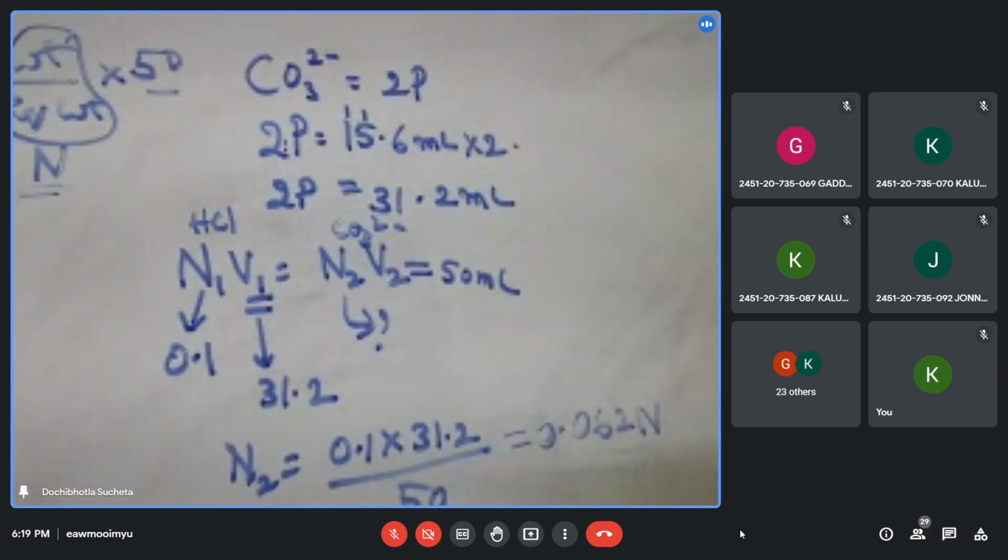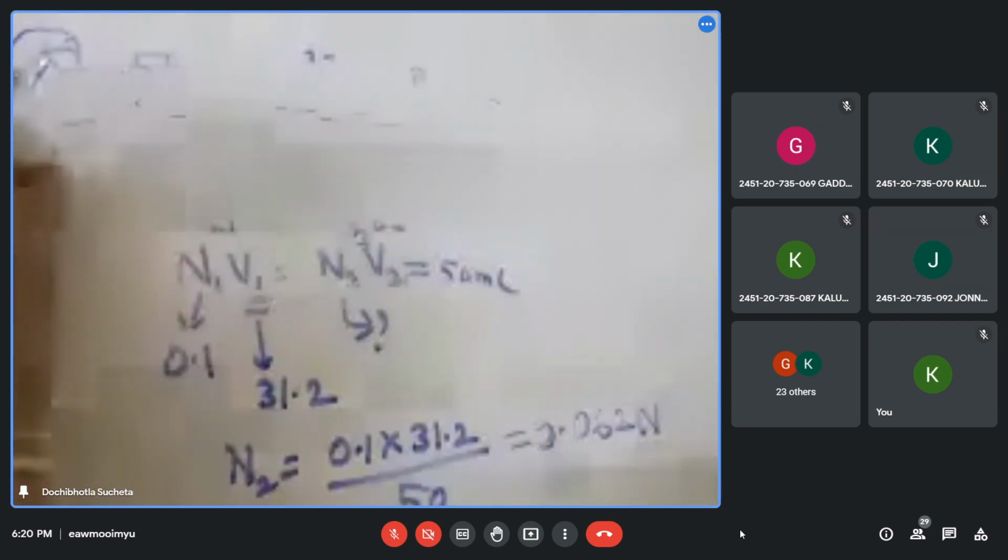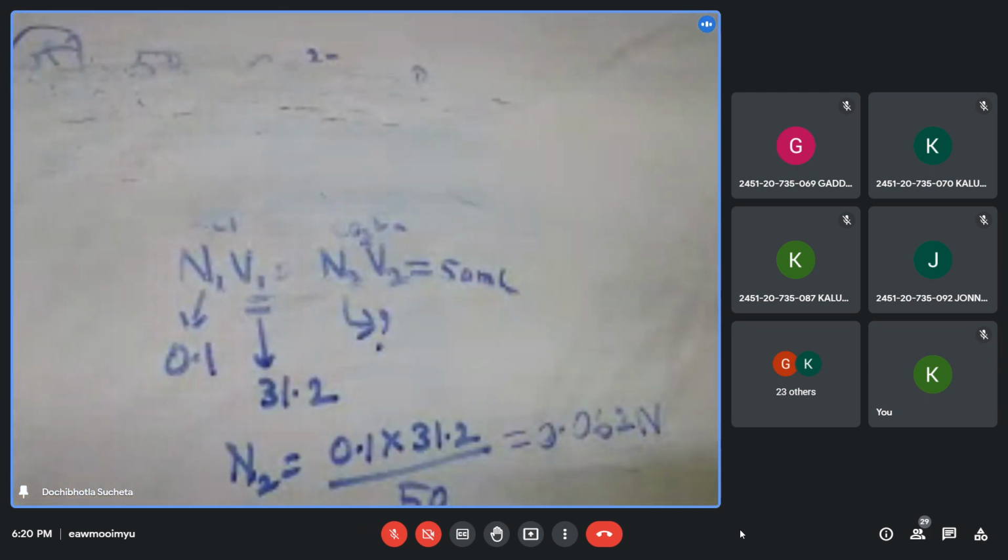It is going to be M minus 2p. After realizing what is 2p, M is, what is M? How much? 28.8. 28.8 minus what is 2p?